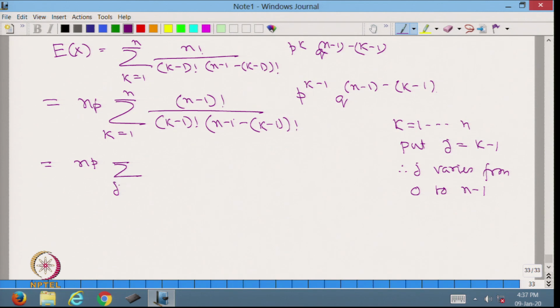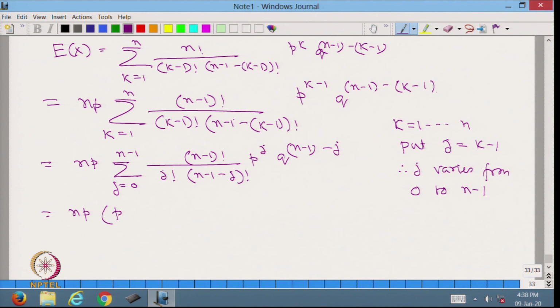Therefore, we write it as sum over j = 0 to n−1 of (n−1)! / (j! (n−1−j)!) p^j q^(n−1−j) = n p (p + q)^(n−1).